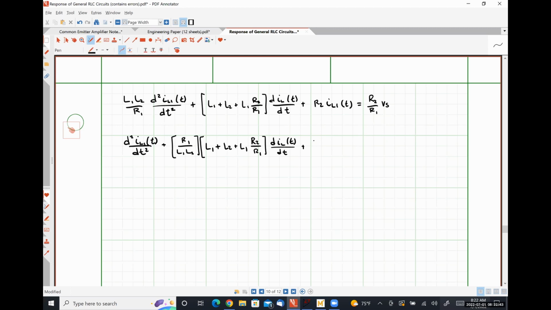And we're going to have R1, R2 over L1, L2 times our 0th derivative.